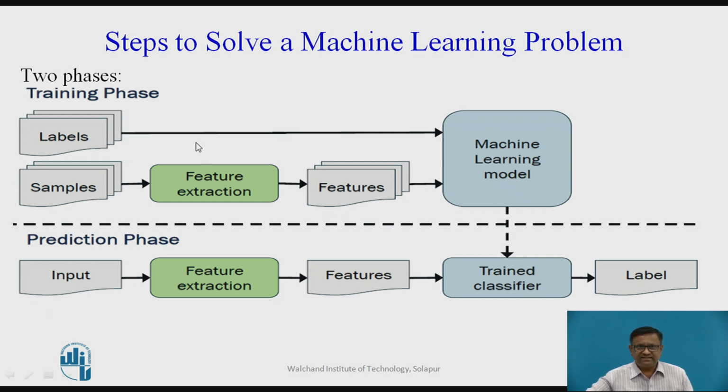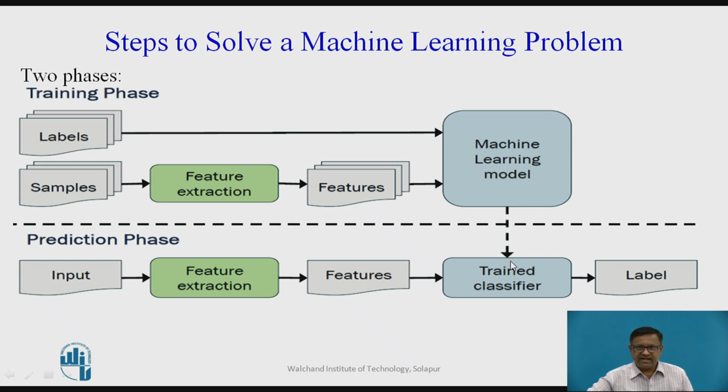Again in short, everything is described here. There are 2 phases in a machine learning algorithm: one is the training phase and the next one is the prediction phase. In the training phase, the labels are given to the machine learning model, and data or samples are given. From these samples, features are extracted, and these features are given to the model. So labels, desired outputs and features are there, and this machine learning model is trained.